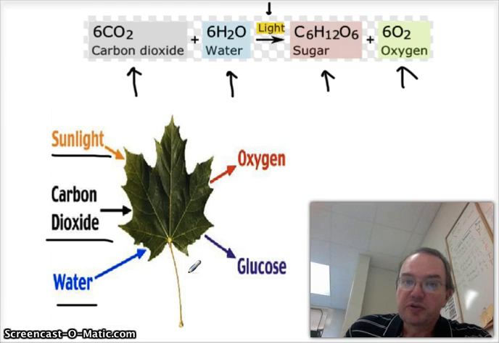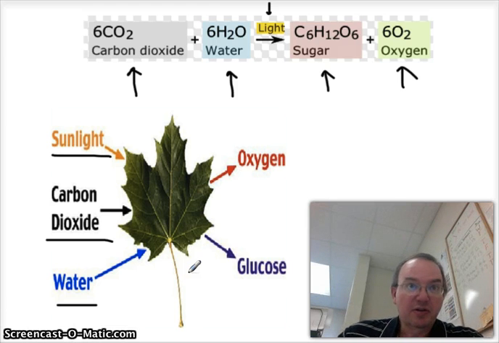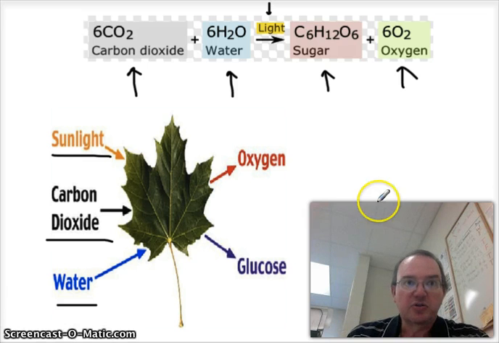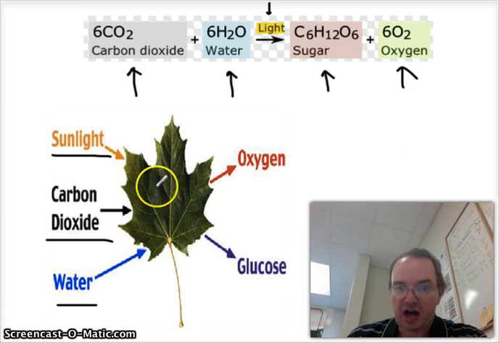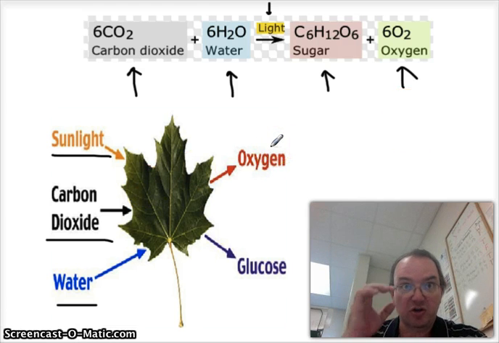Now, we use glucose also, and you'll find out a little bit about that here in a little bit. The other product, oxygen, is going to exit through the stomata, and this is the Earth's main source of oxygen. The oxygen that comes from the plants is the Earth's main source of oxygen.